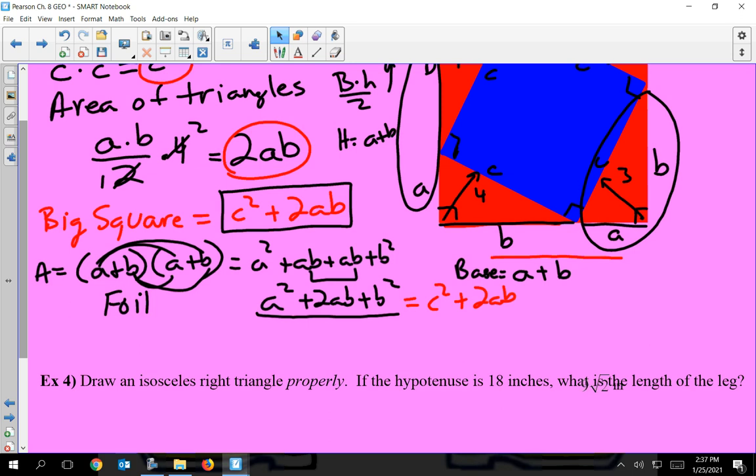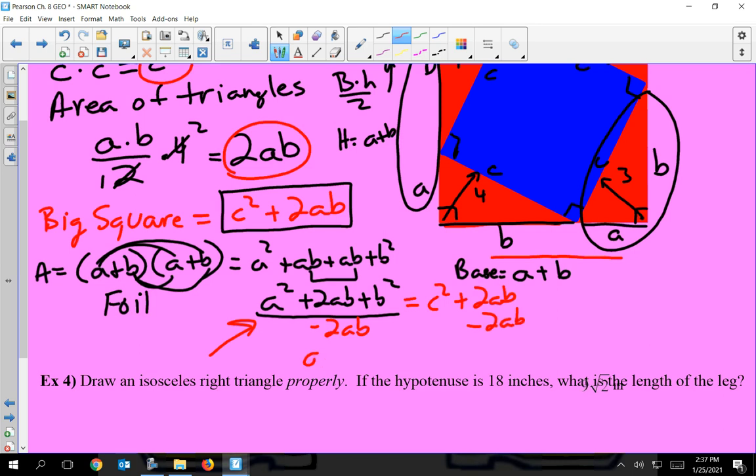Now, what can you do with what I got right here? Okay, and simple math says, well, if I got the same thing on each side, can I subtract it? Well, I got a 2AB on both sides, and if I subtract that, I then end up with A squared, they go away, plus B squared equals, they go away, C squared, and what do you got?